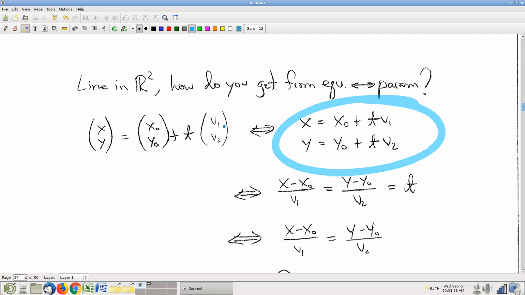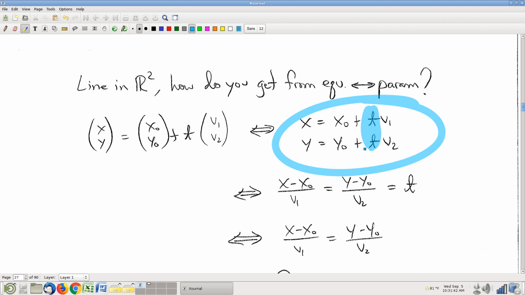And now let's think through, what does it mean for a point x comma y to get generated? What it means is I plug in a single value of t. Obviously, it's the same value of t in both equations. And out comes a point x comma y that's on the line. Now let me say that backwards.